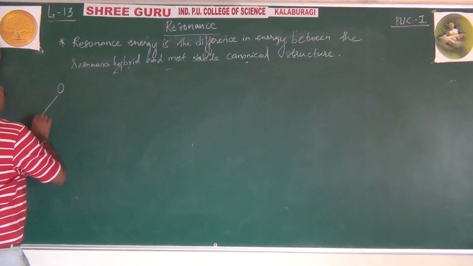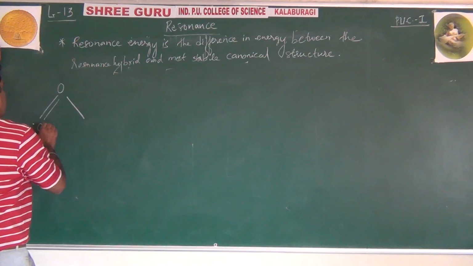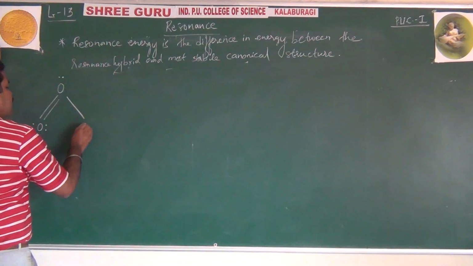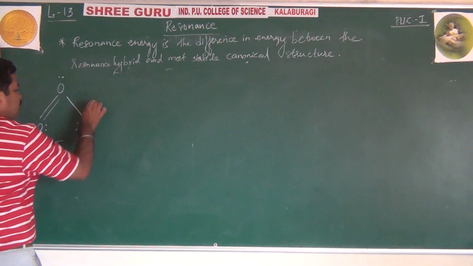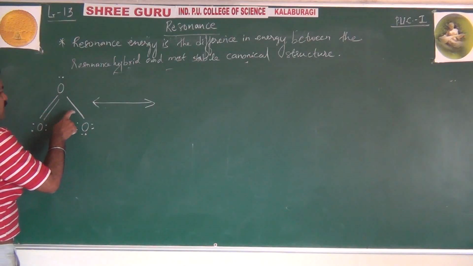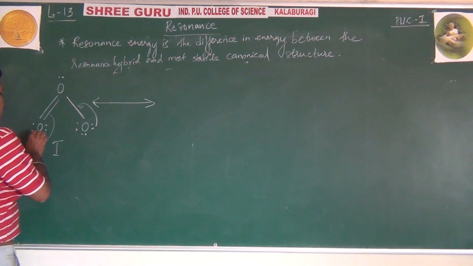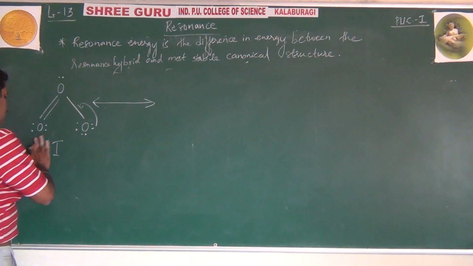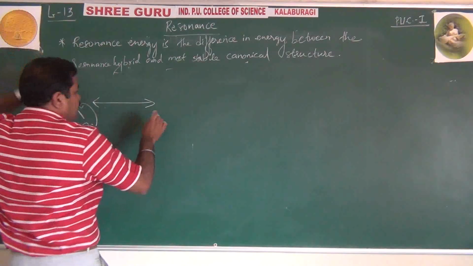Ozone, you know: a double bond, a single bond with a lone pair of electrons, and three lone pairs. This is the first one. It gives only two resonance structures. This pi bond will shift here, and this goes over and down. Either one, but only pi, not sigma.